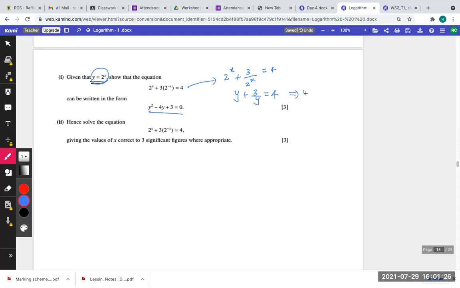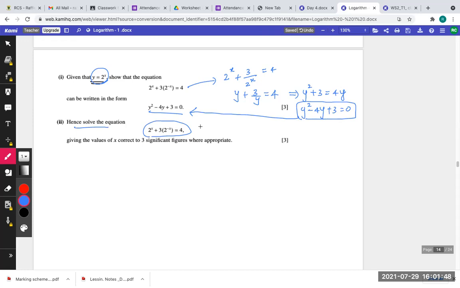What will I get? y squared plus 3 equals 4y, meaning y squared minus 4y plus 3 equals 0. Isn't that the one we need? It is the same that we need, right? y squared minus 4y plus 3 equals 0.